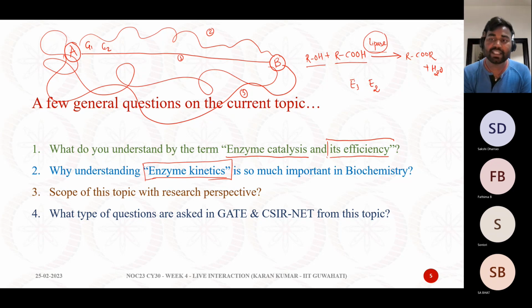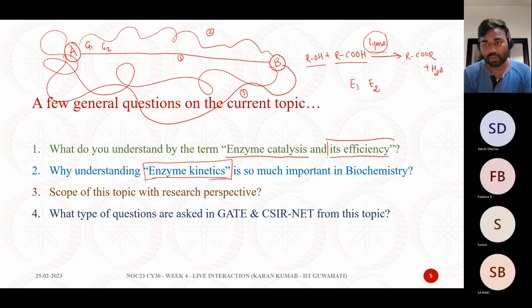This efficiency arises due to specificity, because all enzymes, all proteins, have unique features in their structure. Some features are conserved throughout the organism, throughout the biological system. That conservation is due to particular amino acids, a topic we will discuss in greater detail in the upcoming live interaction session.